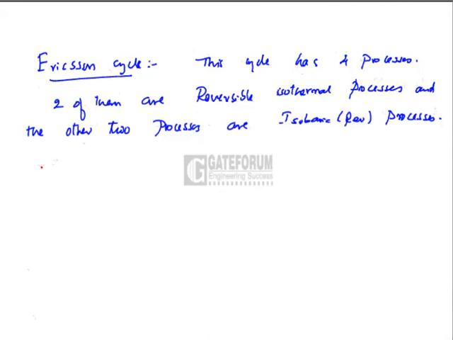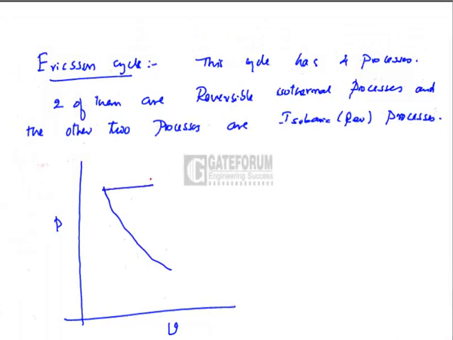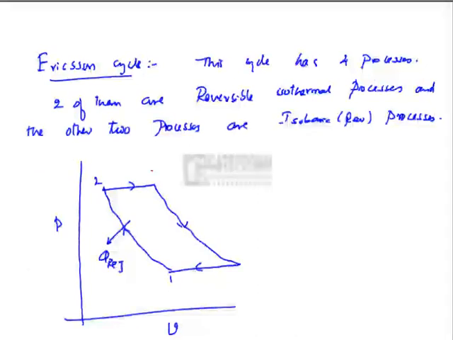The cycle could be represented on PV plane like this. Isothermal compression, constant pressure heat supply, and isothermal expansion and constant pressure heat rejection. 1 to 2 is isothermal compression, where heat must be rejected. 2 to 3 is constant pressure heat supply. 3 to 4 is isothermal expansion with heat supplied to the system.